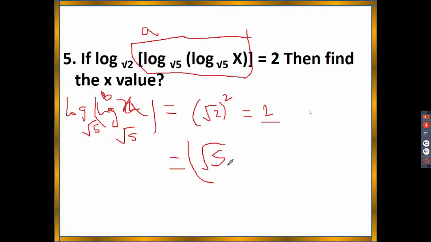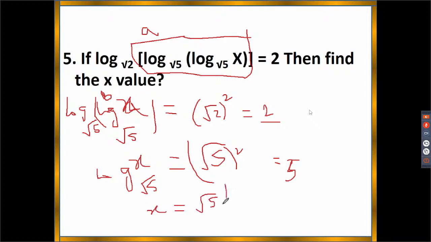Root 5 whole square means only 5, not 25. So if log x base root 5 is equal to 5, x is equal to root 5 whole power 5.